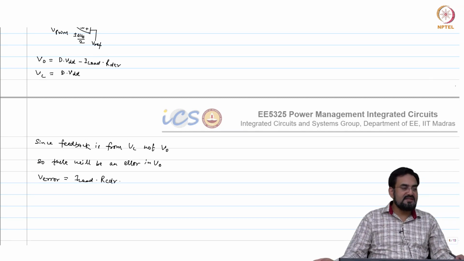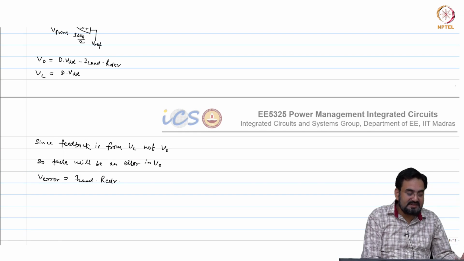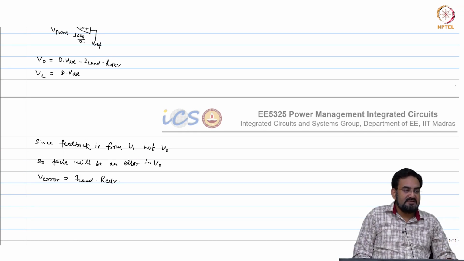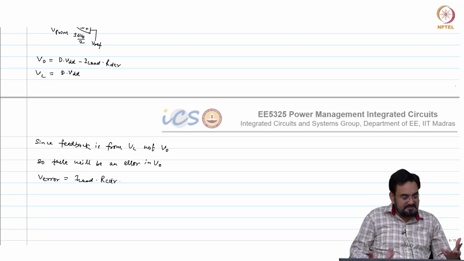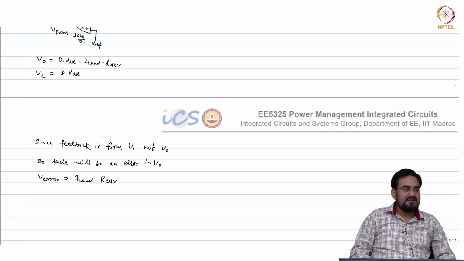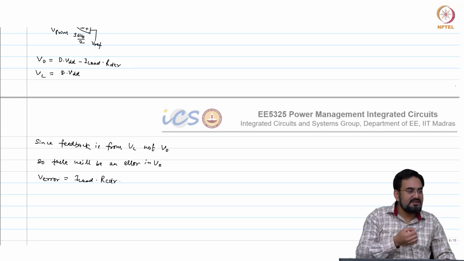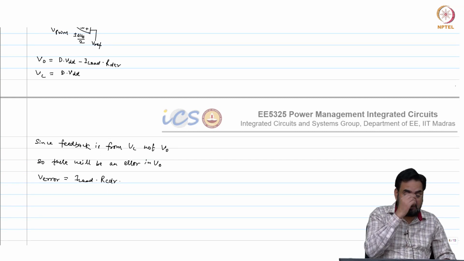Which means in order to make this error 0, your load should be 0 or RDCR should be 0. If RDCR is not very significant, or the load current you have gives an IR drop that keeps you within your accuracy limit, then you can live with it, otherwise it will not work.